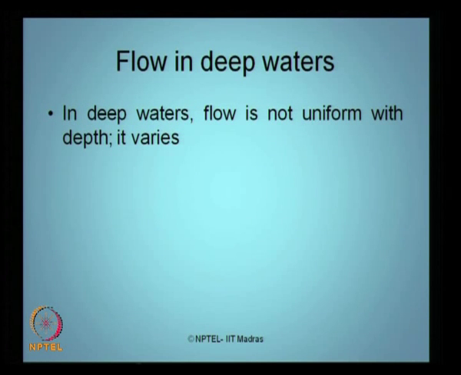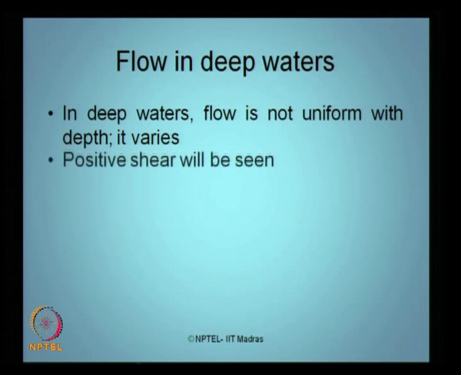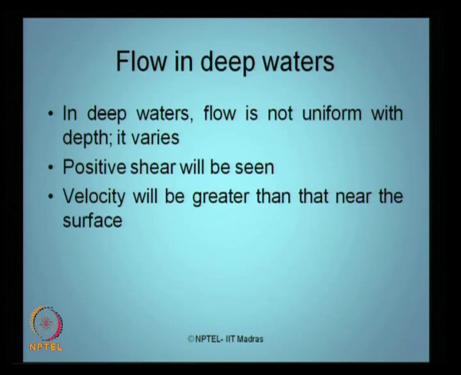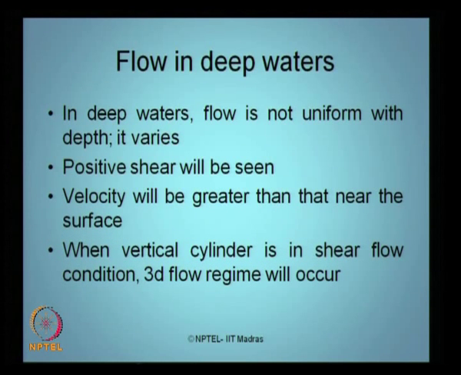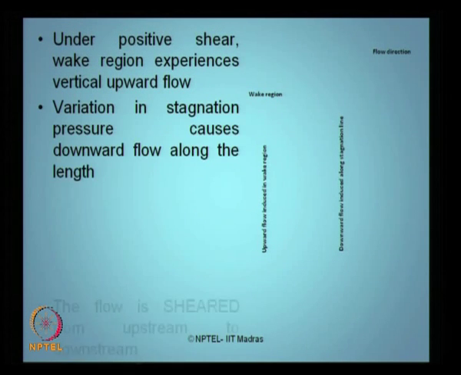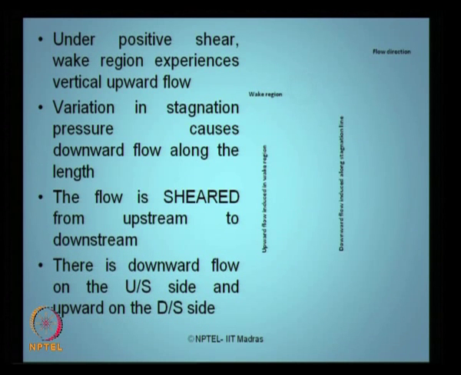If you look at flow in deep waters, the flow is not uniform with depth, it varies. Positive shear will be mostly seen; velocity will be greater than that near the surface as you go deeper and deeper. When a vertical cylinder is in a shear flow condition, it generates what we call a 3D regime in the flow field. So if you look at the wake region, this is my cylindrical member, and this is my flow direction.